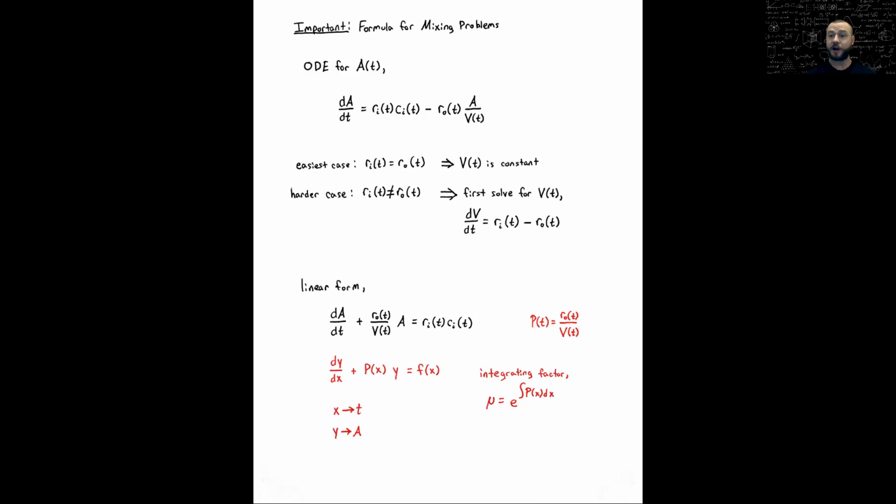Well, here our function term is A. If this is in appropriate linear form with the function and derivative on the same side, whatever's multiplying A here is your p of t. And here, if you identify that, p of t would be r sub o of t divided by V of t.